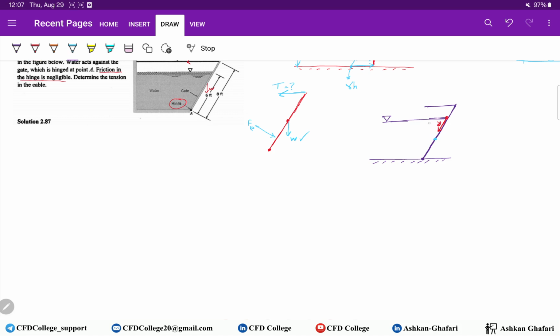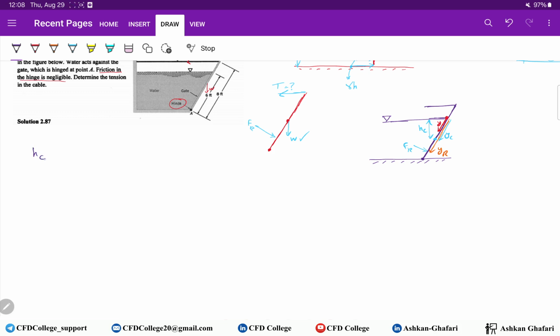Here is the centroid, so this is HC, this is YC, and here is FR, so this distance is YR. Okay, now we can solve it.